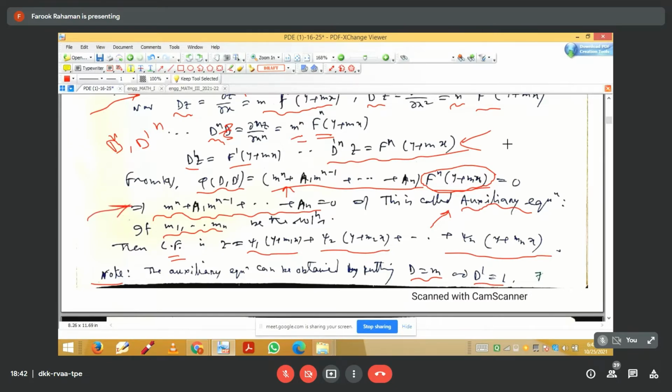Or you can use this procedure, differentiate all this. Either way you can use, either using the differentiation, or you can directly put d equal to m and d dash equal to 1. And if you solve this auxiliary equation, the resultant solution should be of this particular form.